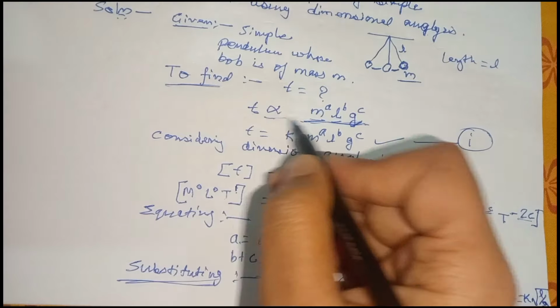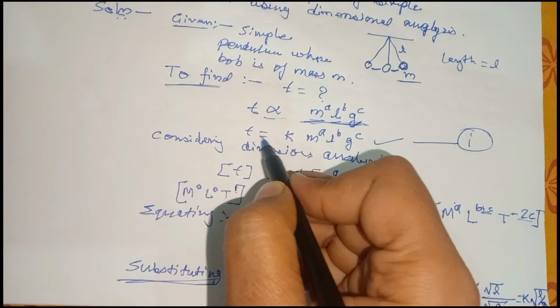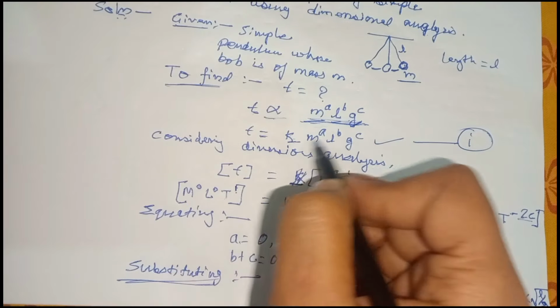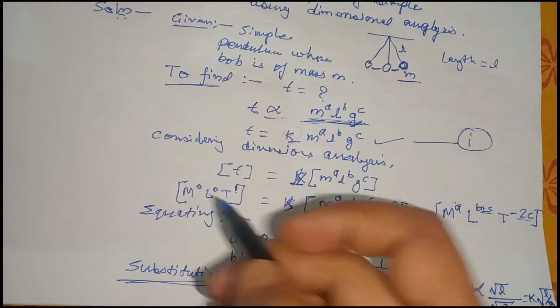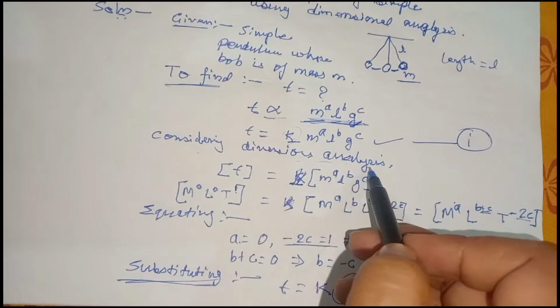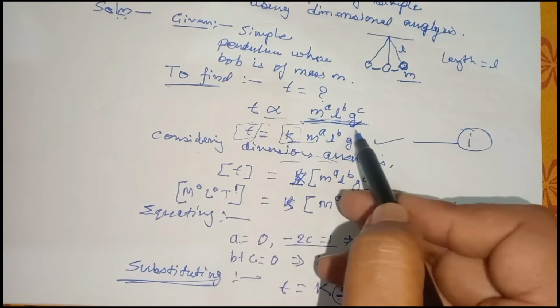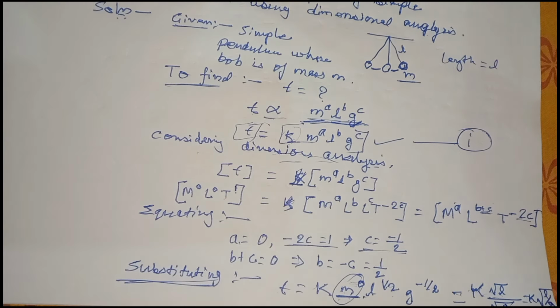To equate it, because we have to find the formula expression, we multiplied by a constant here. In dimensional analysis, a constant has no dimension. So considering dimensional analysis, the dimension of this part will be equal to the dimension of this part, because the theorem says the dimensions of every term of any equation are the same, according to the principle of homogeneity of equations, which we already learnt.